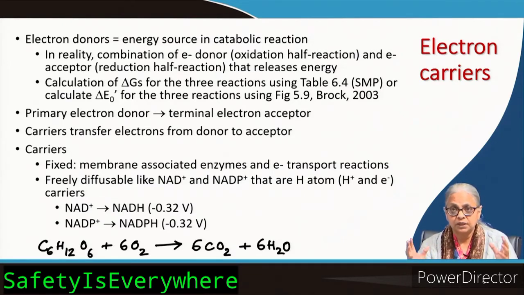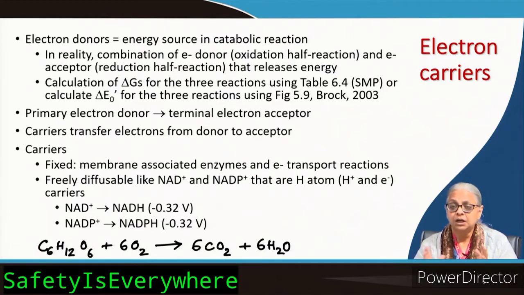Now, how is this transfer of electrons happening? Is it a direct transfer? Is it a one reaction transfer? The answer is far from it. This reaction is an extremely simplistic description of what happens in reality.